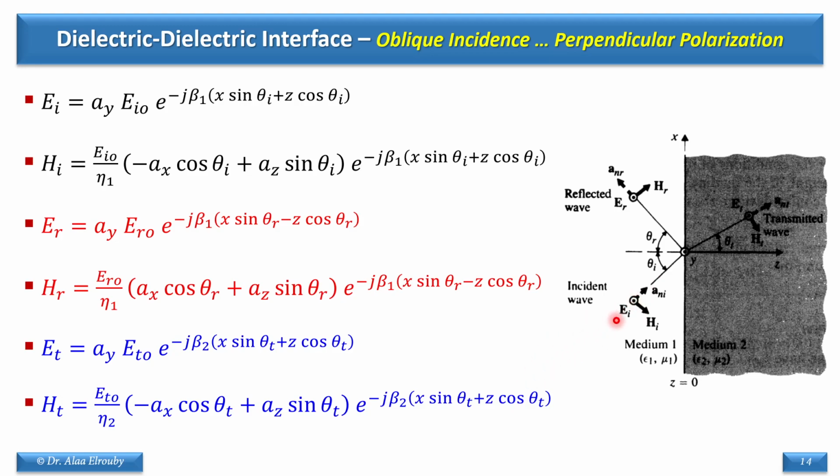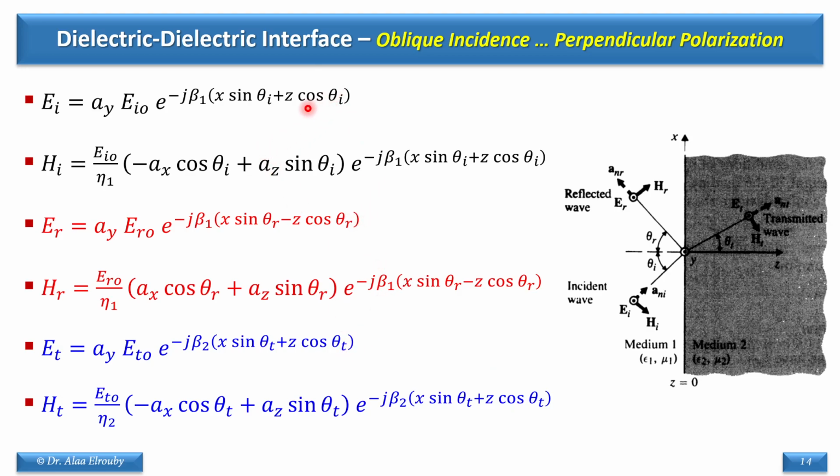So here we have three waves: the incident wave, the reflected wave, and the new one, new with respect to the case of the dielectric conductor interface, the transmitted wave. In general, we write the expression for the electric field in the three media.